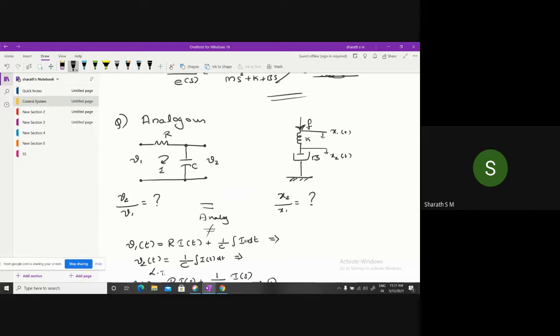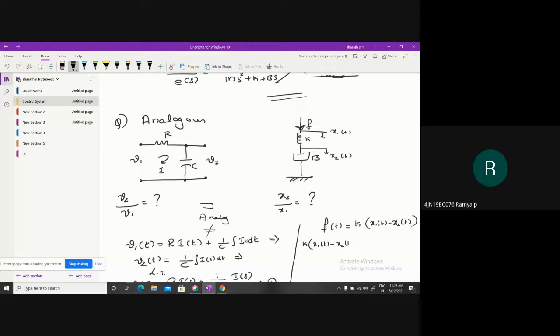So what's the equation for this? How to write it down? F of t equals K into x1 of t minus x2 of t, since K is in between x1 and x2. Afterwards, what about the second one?